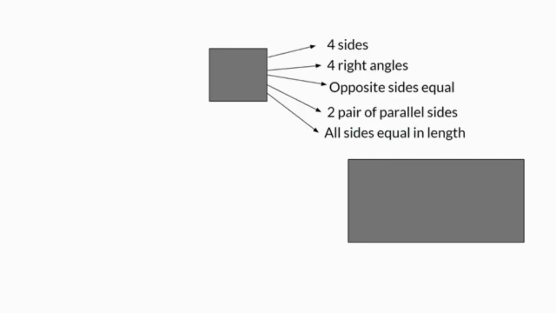Let's take a look at the square and rectangle. What do you notice as similarities and differences? Take a moment, pause the video, and look over the shapes. The square has 4 sides, 4 right angles, opposite sides are equal, there are 2 pairs of parallel sides, and all sides are equal in length.